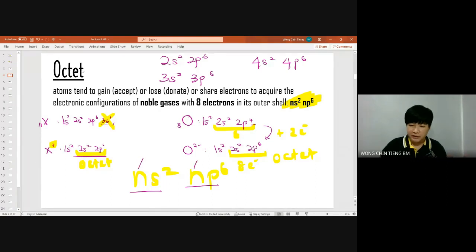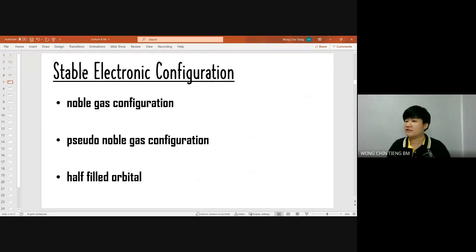Simple. But of course, we are not going to go for the simple thing. Octet tak salah. Tapi octet adalah the term that you learn in SPM. It's absolutely right and no wrong. Until today, I'm still using octet. But I have more different stability. Why we have different stability over here? Because we have d block. Dulu SPM tak pernah cerita pasal titanium, ferrum, zinc, betul?